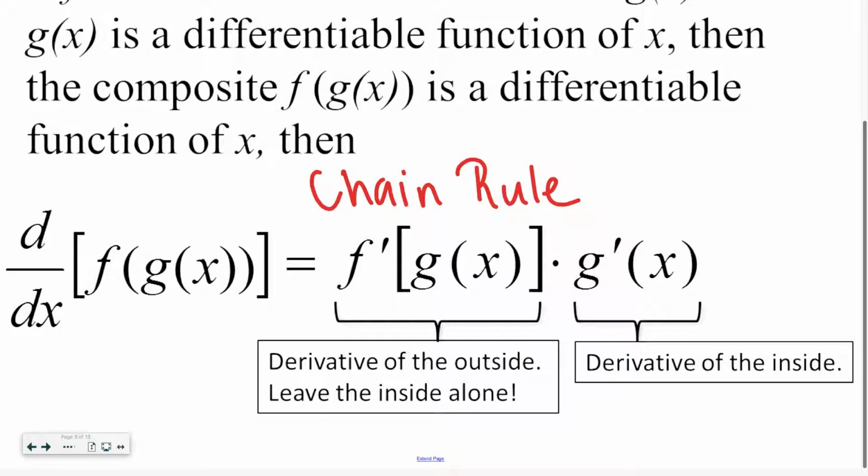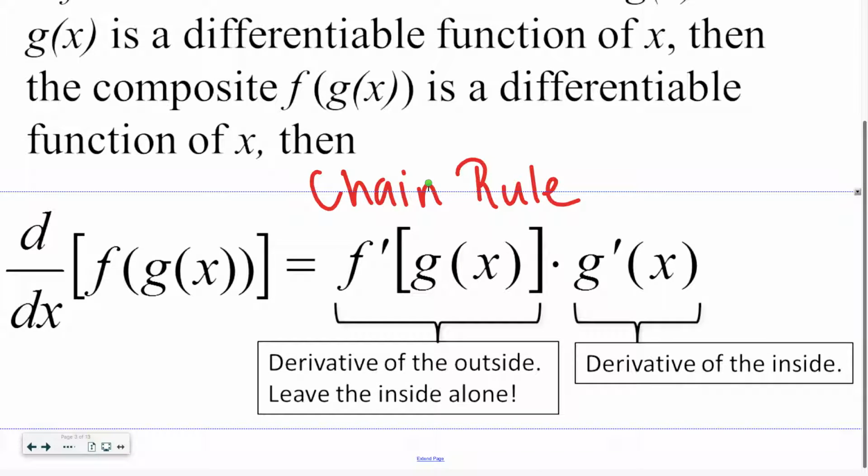So we take the derivative of the outside function, leave the inside function alone, times the derivative of the inside function. Okay. Derivative of the outside where the inside stays, times the derivative of that inside.